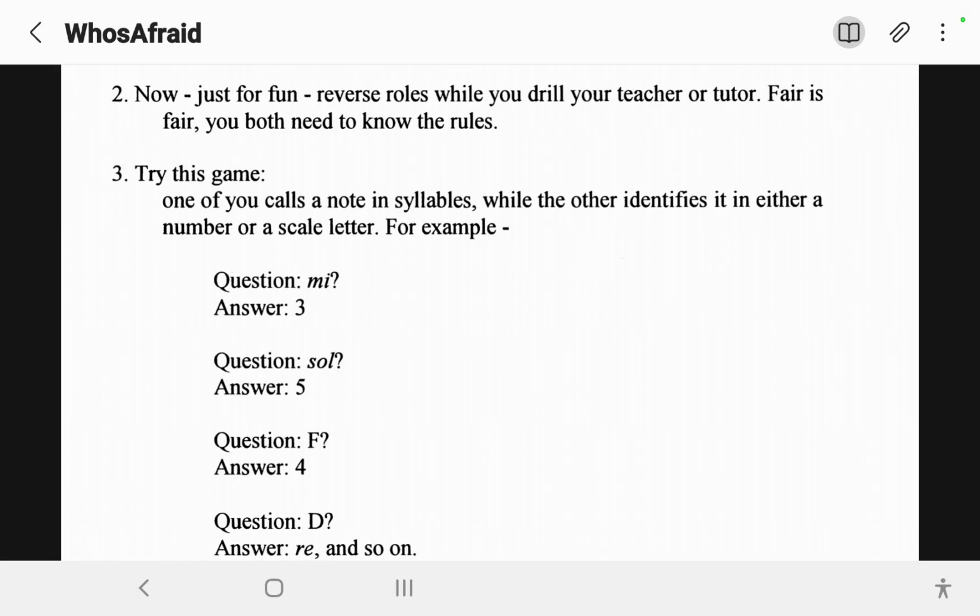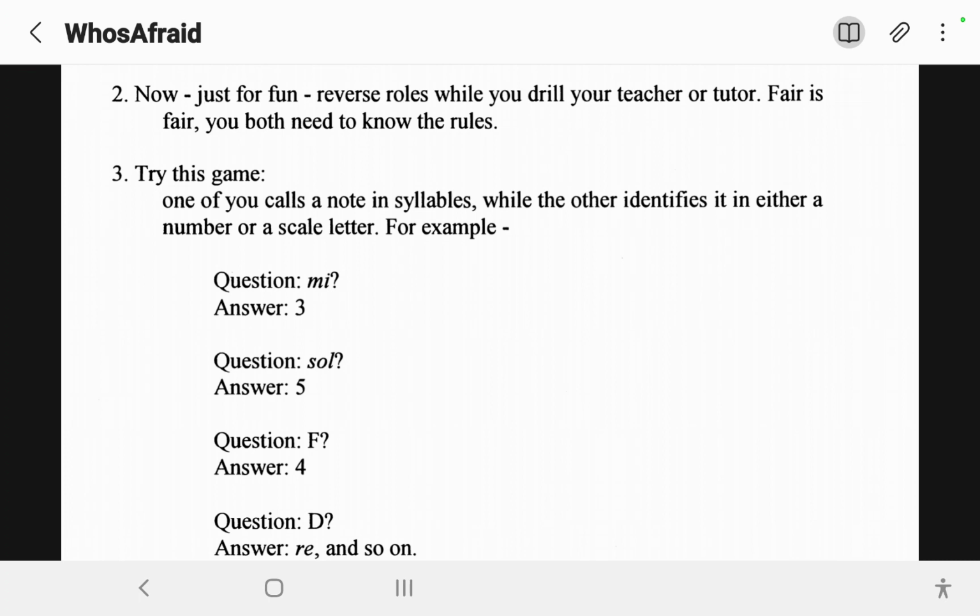Some of them are written with interval symbols, and you have to know that a third from do is going to be either la going down or mi going up. So being able to reverse roles helps give that quick recall for the student.